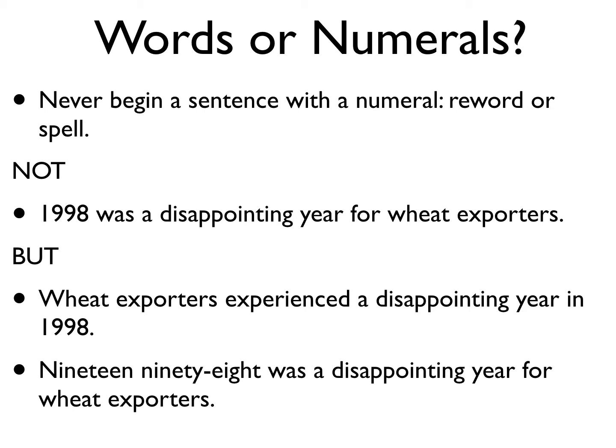There can be a lot of confusion about when I should use a word and when I should use a numeral. In general terms, even in the time that I've been editing, the last 10, 15 years, I have noticed a progression from words to more numerals.